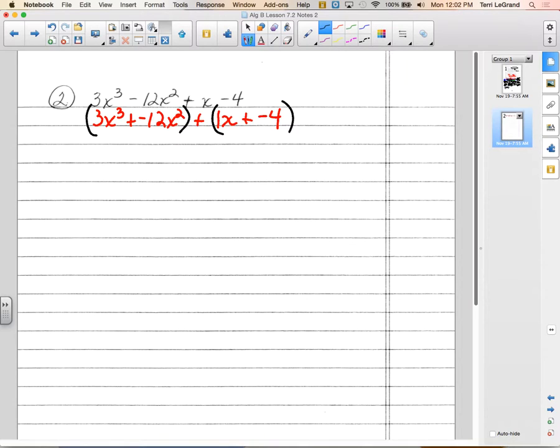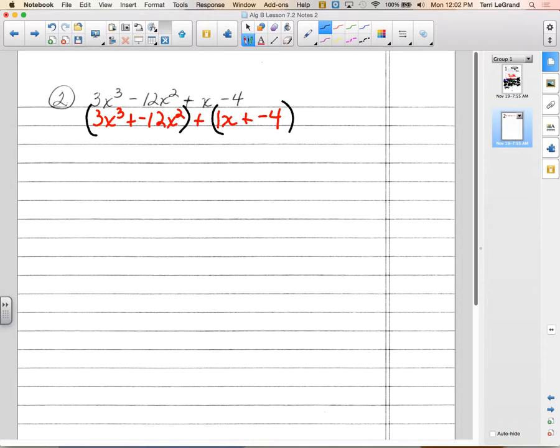And there is no way that we would be able to look at 3x cubed plus negative 12x squared plus 1x plus negative 4 and say this binomial is the GCF of the whole thing, because our GCFs of our final answer are not going to be monomials today, they're going to be binomials. So what can we divide out of 3 that can also be divided out of negative 12?